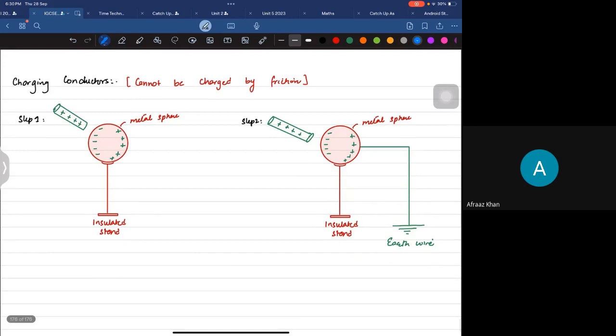So in the first step, bring a charged rod close to the sphere. Then what we have done is connect the earth wire to the sphere. Alright.